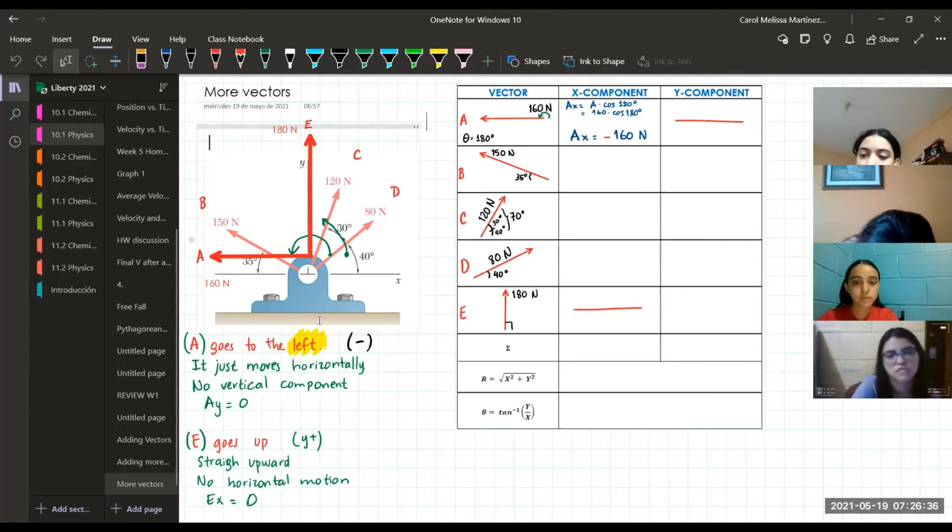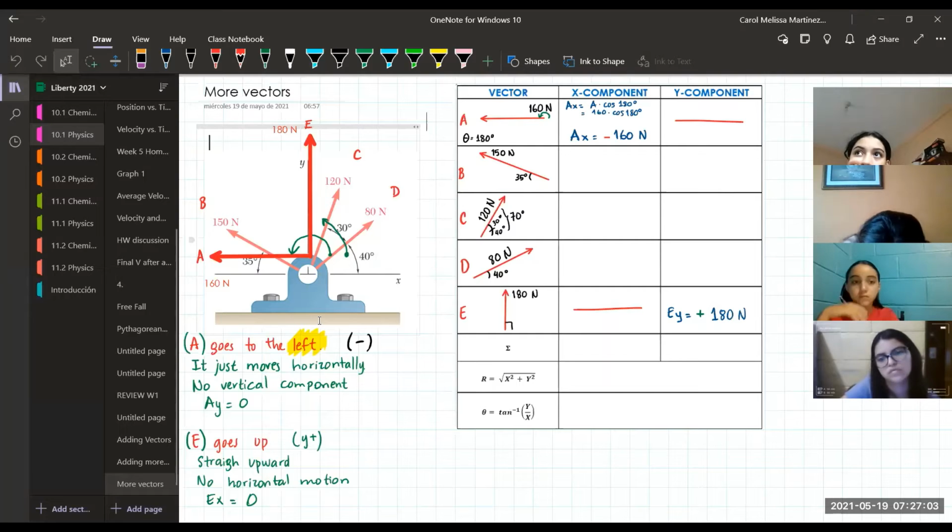And you already know the sign, so you just have to write the value of the vector with the sign that corresponds. So you say EY, it's going up, so it's going to be positive, and the value of the vector, how large the vector is, that is 180 Newton.